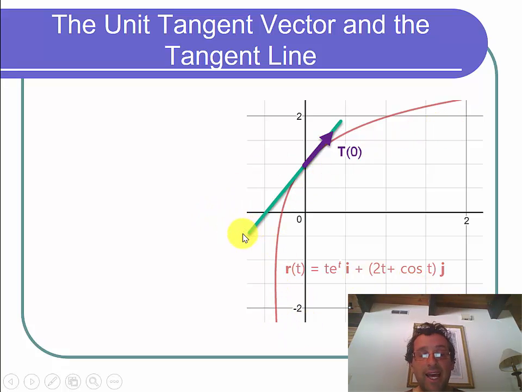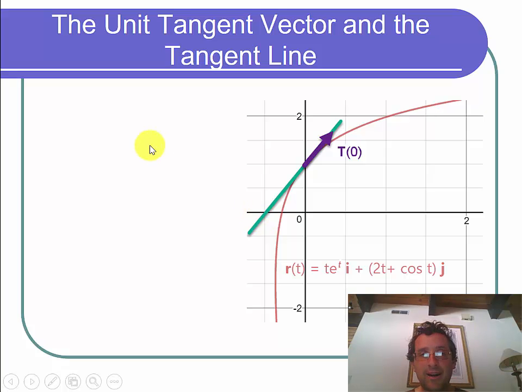So we can look at the tangent line to this curve, and then we could look at the unit tangent vector at that point on the curve. And as we can see, the unit tangent vector is always parallel to the tangent line to that curve.